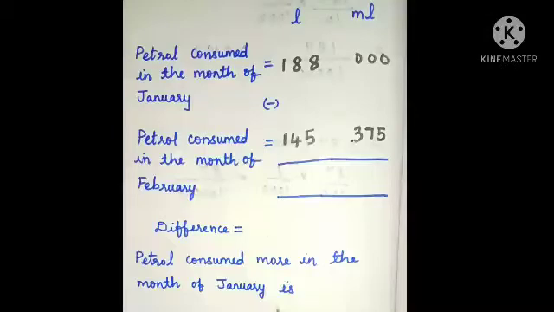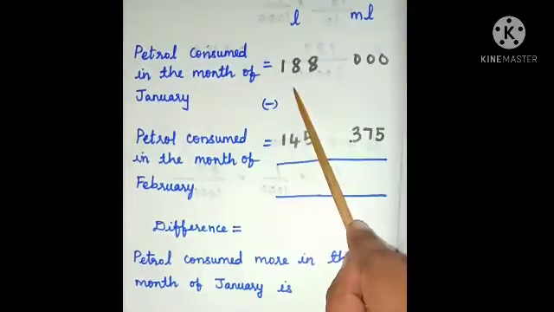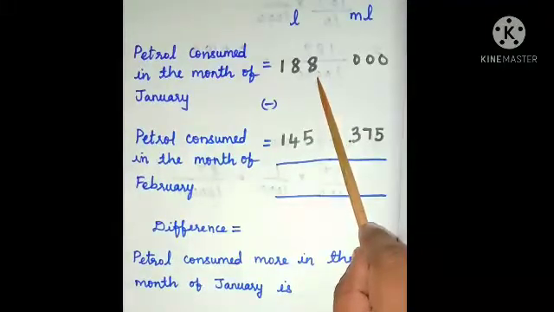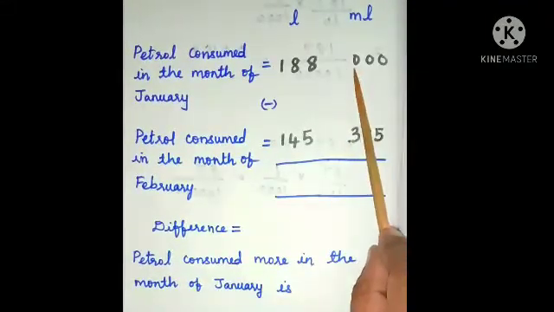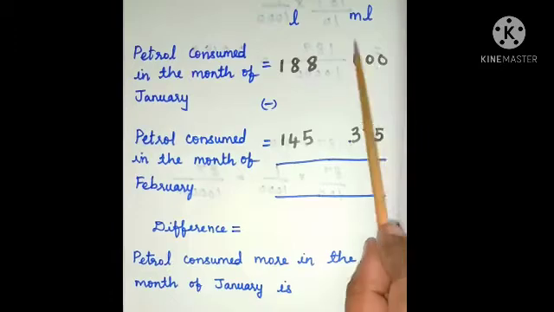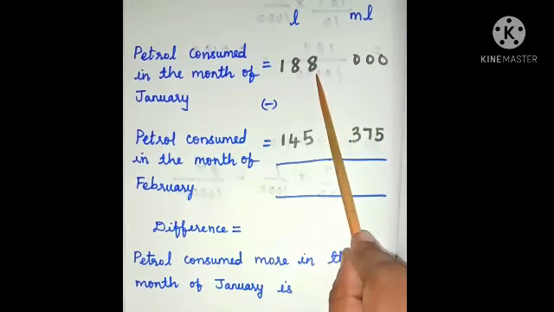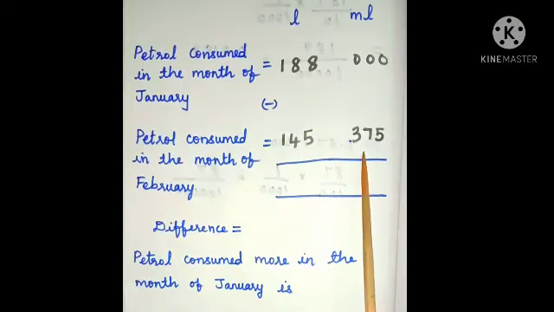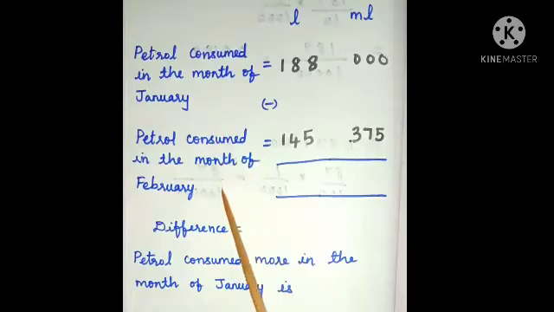A motor car consumed 188 liters. So there is no milliliters, so for that put 0. And 145 liters 375 milliliters in the month of January and February.